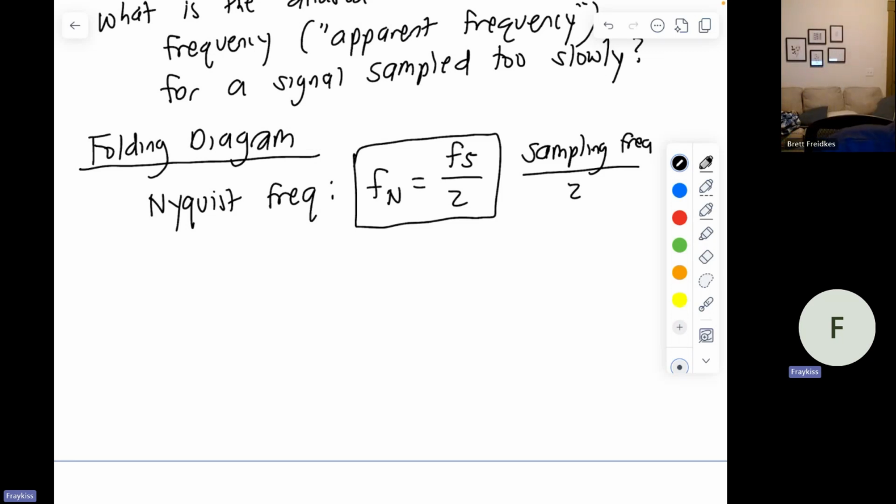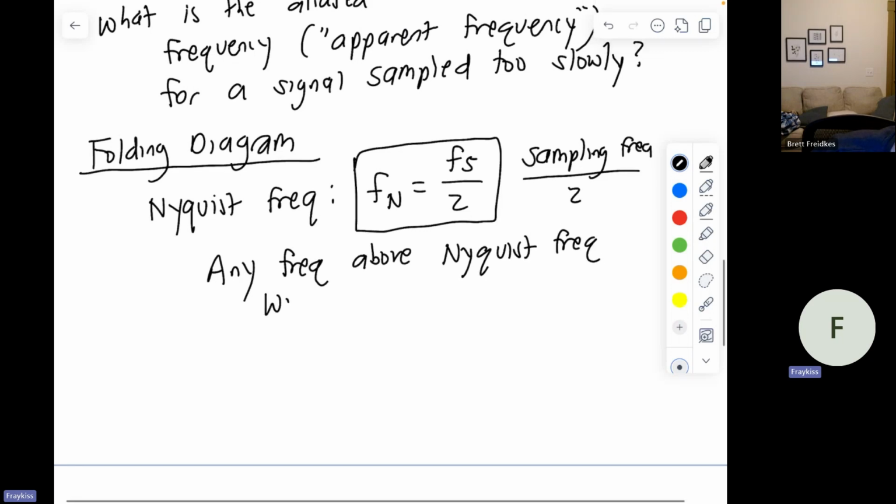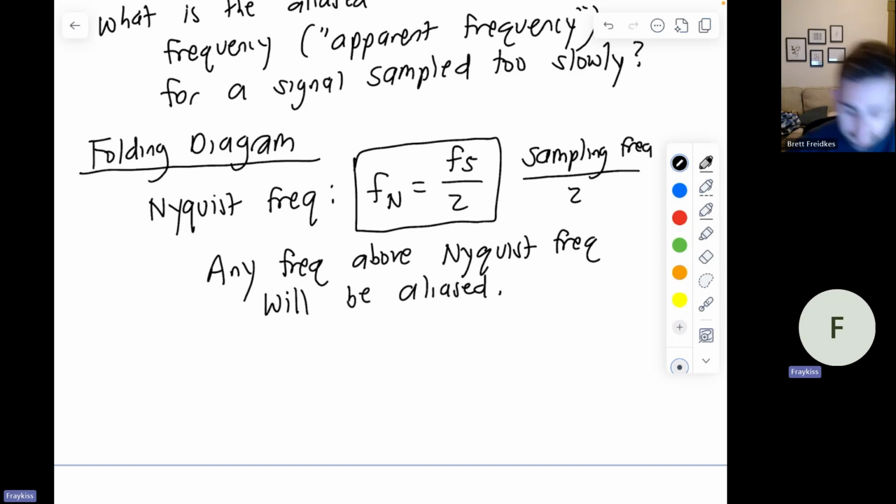Essentially any frequencies above the Nyquist frequency will be aliased. So if I know what my sampling frequency is, I can determine what frequencies I can accurately measure. Any frequencies above that will end up presenting themselves differently, which is a problem.